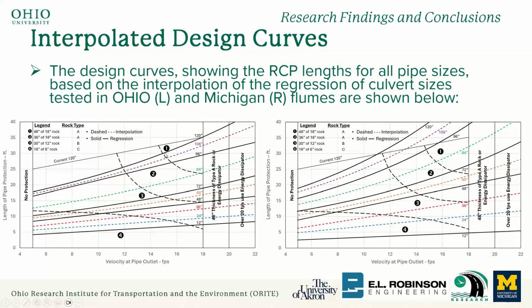Those are actually what we did, right? And then we interpolate them to get 24, 36, and the remaining culvert sizes. And for Michigan also, right? They have the five curves, and we also interpolate them to get the 24, 36, 60, 84, and 108 culvert sizes.